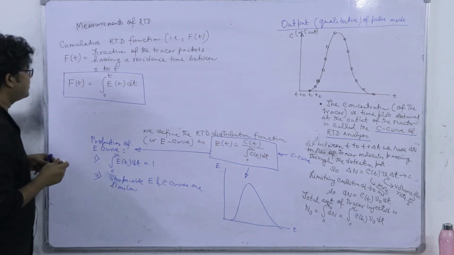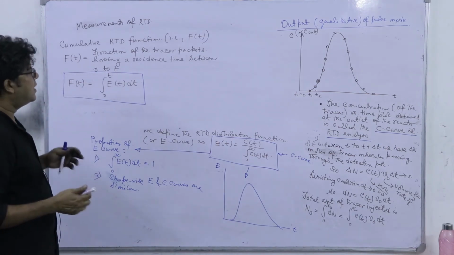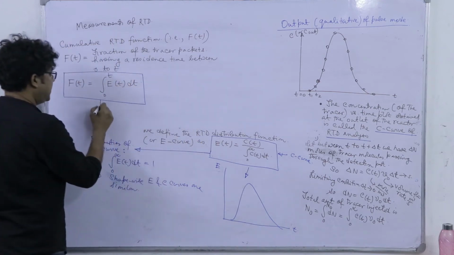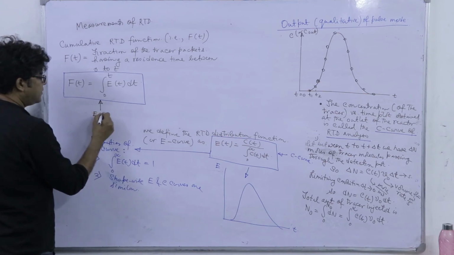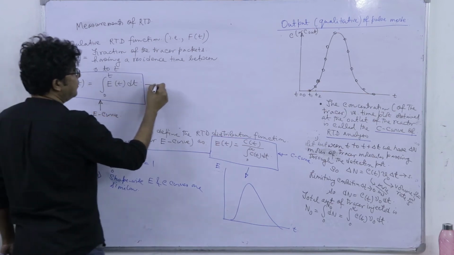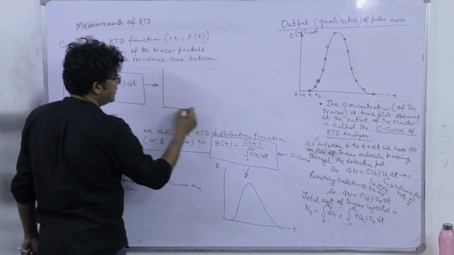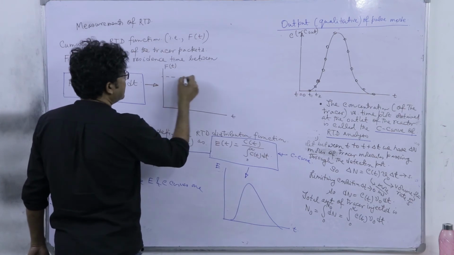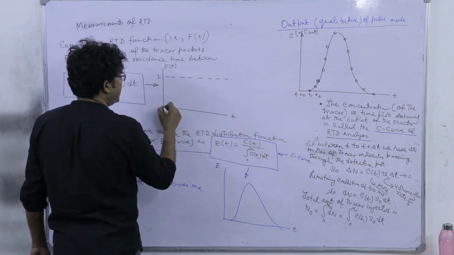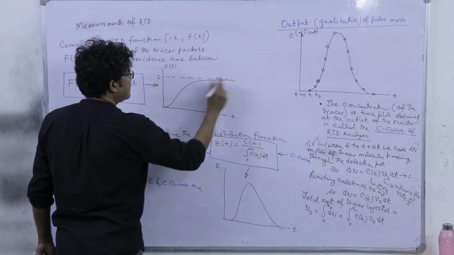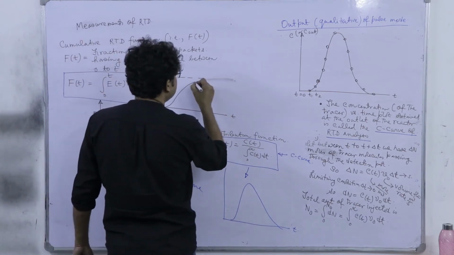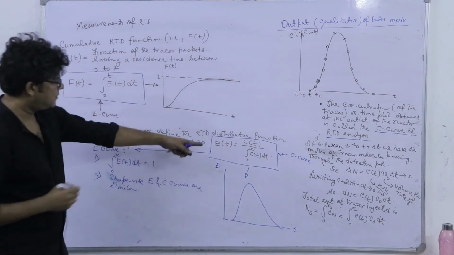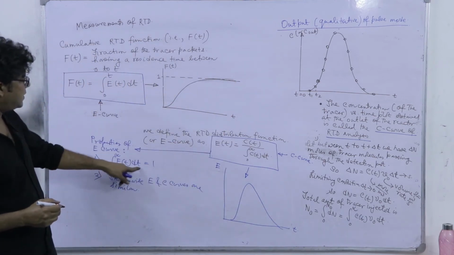So, definitely from the E curve we generate the F curve. And finally, it will be equal to 1, right, because the 0 to infinity Et dt is 1.